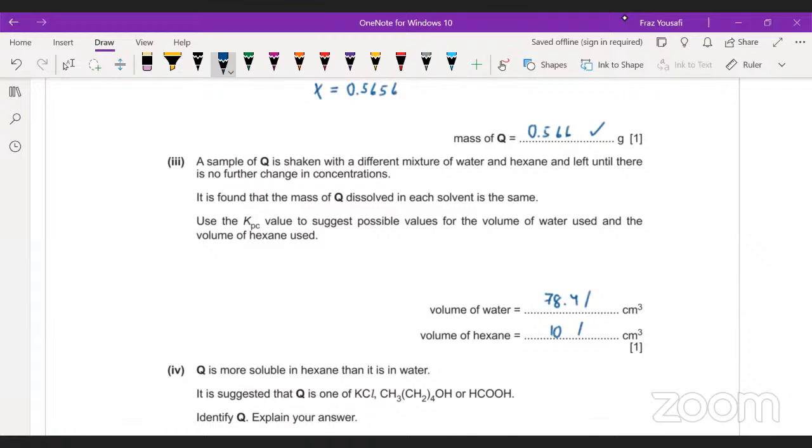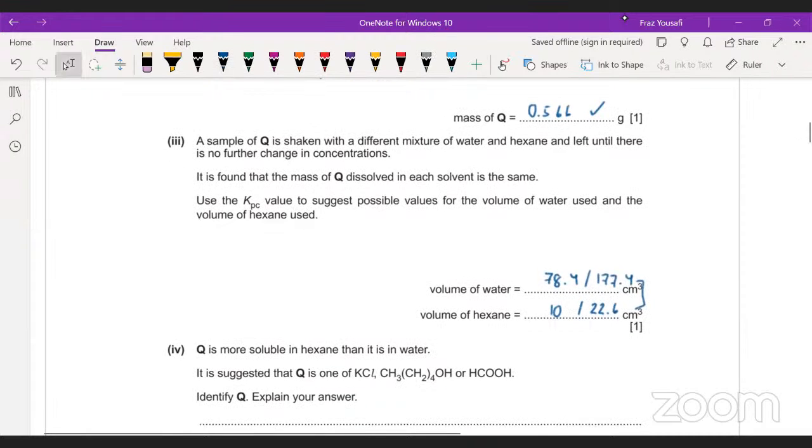If that's the case, then you can also go with this. This would give you that particular ratio of 7.84 times greater, but now the volume is out of 200 cm³.